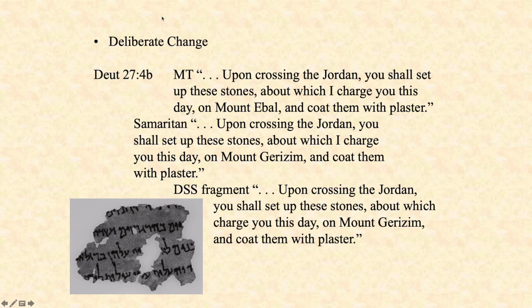For the Samaritans, their holy mountain is Mount Gerizim, and so their text of Deuteronomy 27:4b talks about setting up stones on Mount Gerizim. Now, this is a bit controversial because not everybody accepts this fragment you see at the bottom as genuine, but there is perhaps a Dead Sea Scrolls fragment that attests to the reading Mount Gerizim, which would follow the Samaritan.